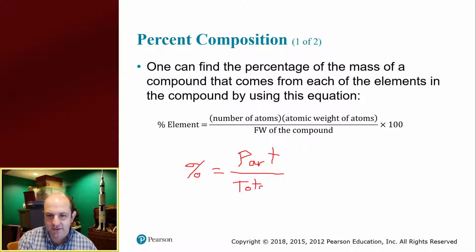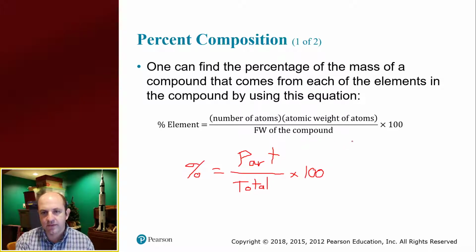So we'll see this a little bit later in this chapter as well, but anytime you get something, so percent composition, percent by mass, percent by volume, anything, percent yield, anything where it's a percent, say what is my part, what am I looking at, and then what is my total. So if you see here, it's how much is one atom divided by what's the total molecule.